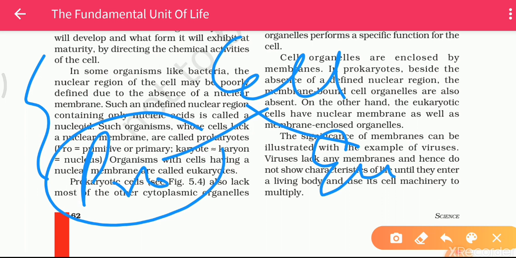Prokaryotic cells are those cells in which the nucleus and nuclear membrane are not well defined. Eukaryotic cells are those in which the nucleus and nuclear membrane are both well defined. And the cytoplasm is present in both.